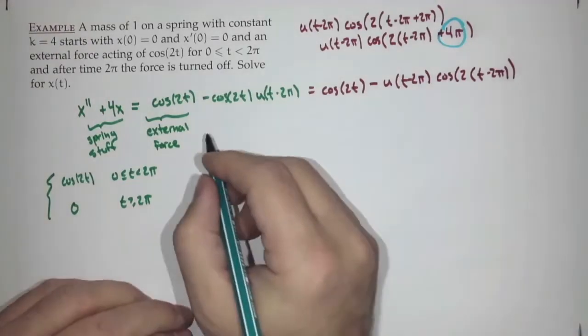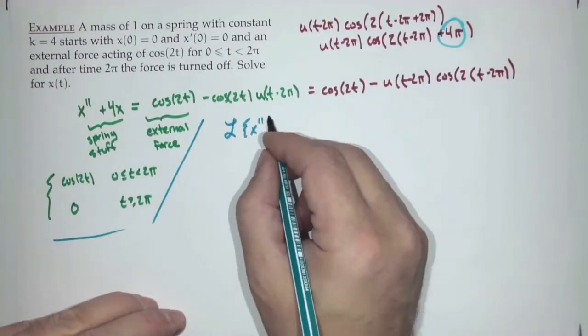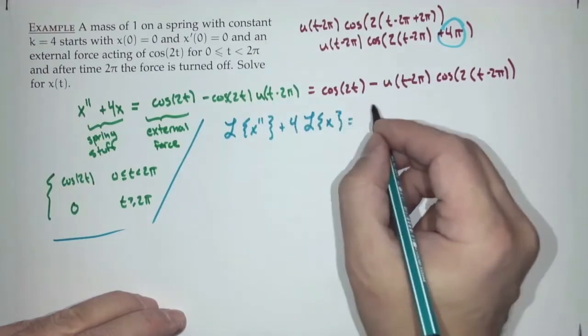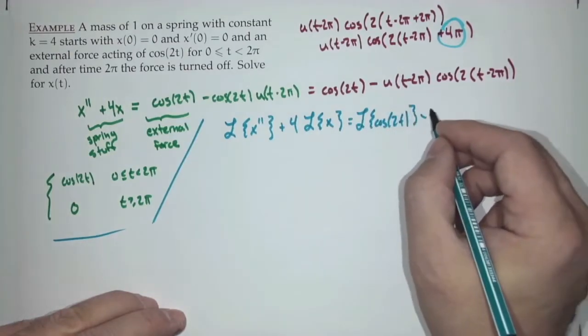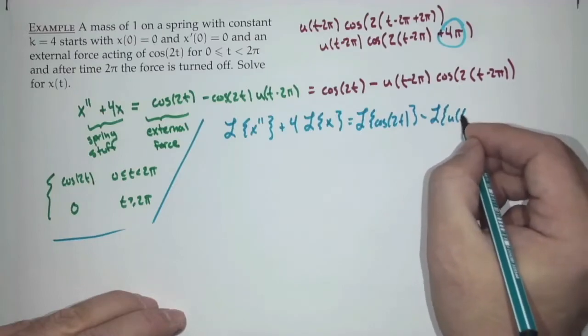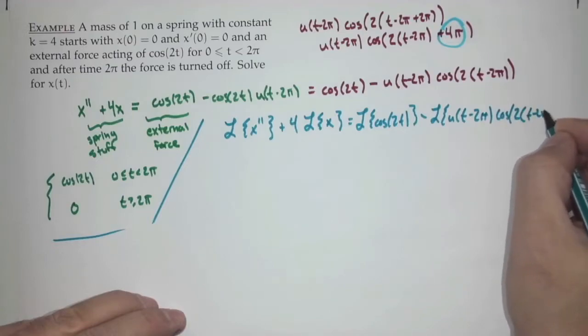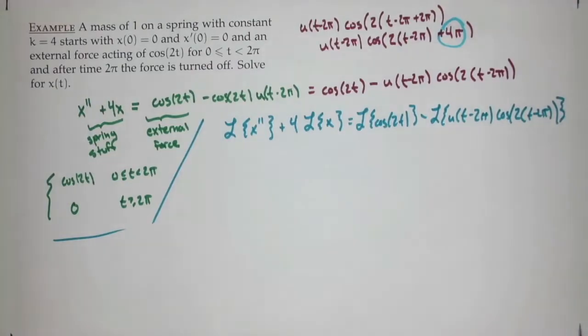So, here we go. Laplace transform of x double prime plus 4 Laplace transform of x is going to be the Laplace transform of cosine 2t minus the Laplace transform of u of t minus 2 pi cosine 2 times t minus 2 pi. Term by term, let's work our way through it. I think we can do this maybe in our heads by this stage.